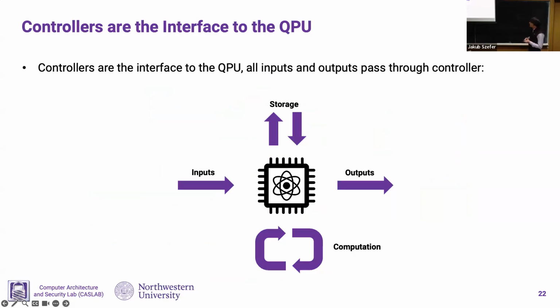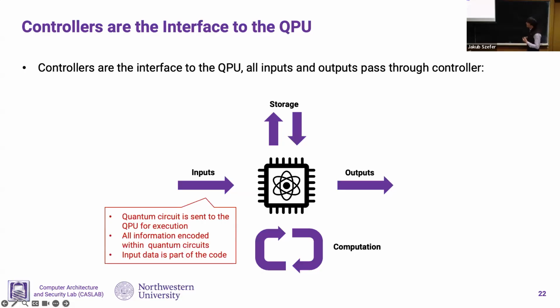In the QPU, you have some inputs. These classical inputs are encoded into quantum state during state preparation. Then the QPU does some computation. In the future, there might be quantum memory that you're reading or writing as you're doing computation, and at some point you output the results to actually get the results of the computation.